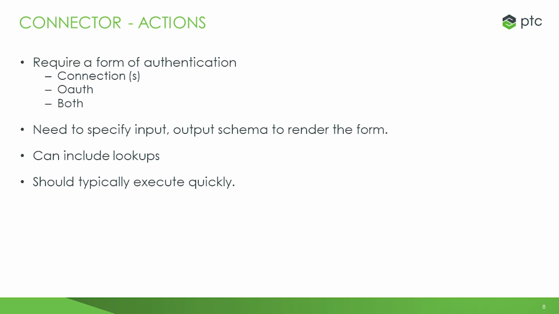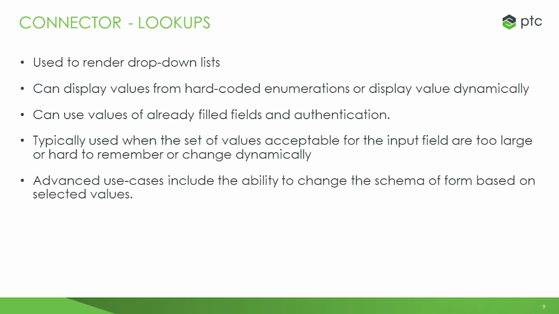Actions can also refer to lookups, which will help populate some fields in the form. And actions should typically execute quickly and should not run for too long. That way, the entire flow can execute within the stipulated time.